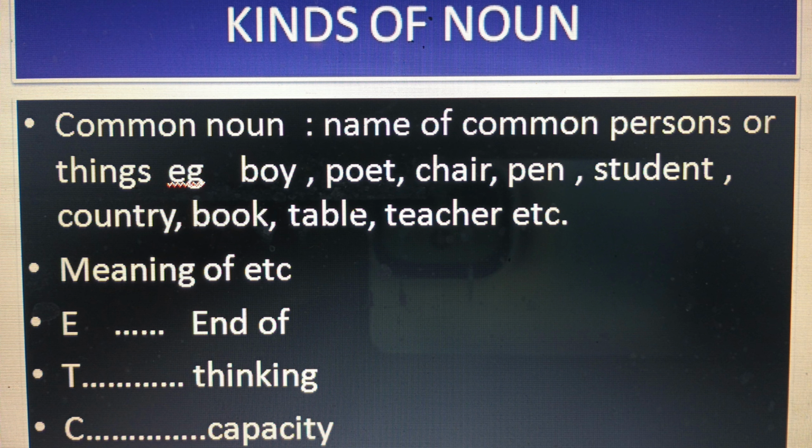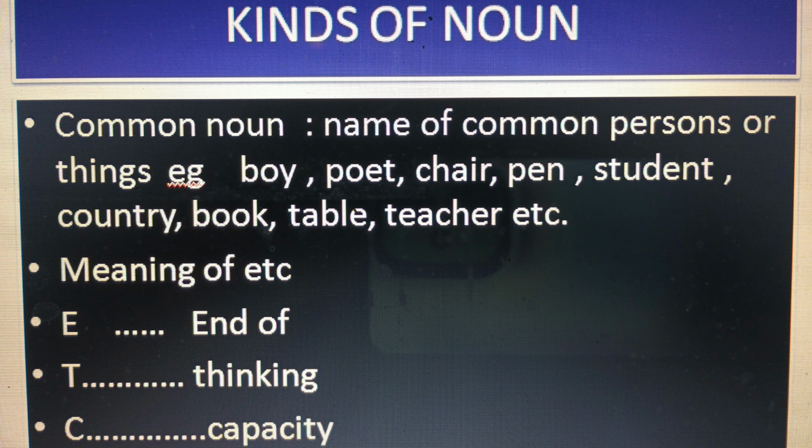Students, I want to give you some basic information about this etc. Well, that's an abbreviation, not an initial. Do you know what this etc stands for? I hope some of you must know, but the majority of you don't know.